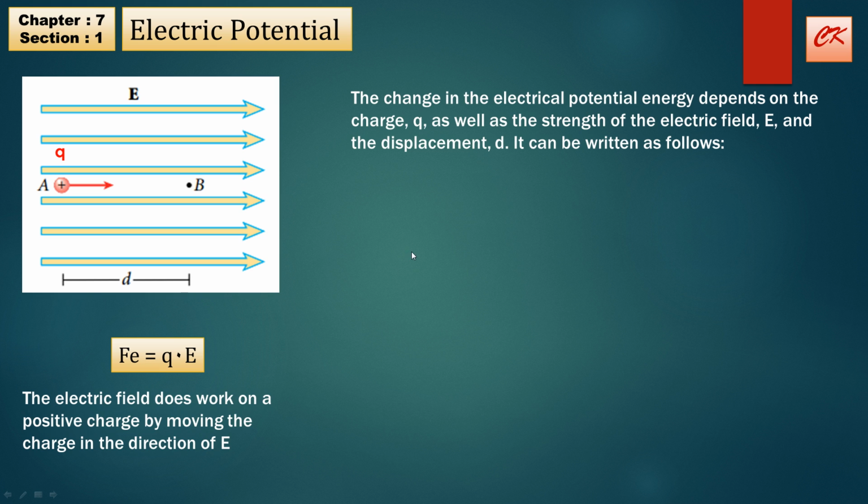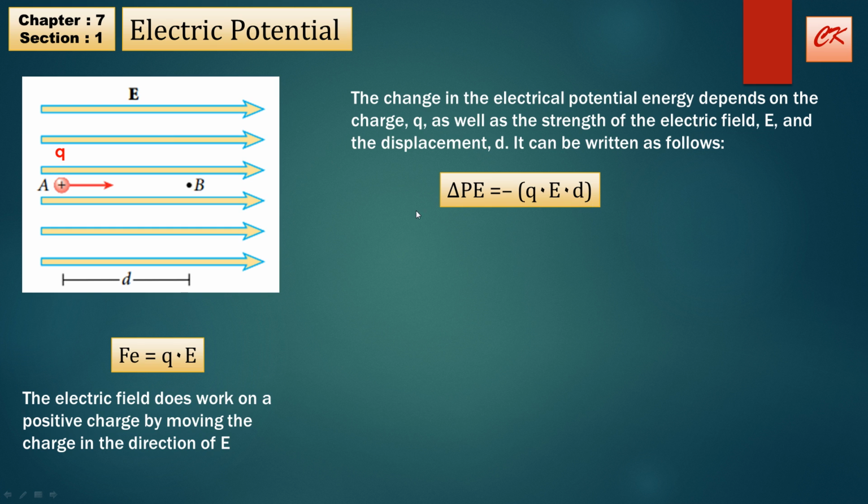What does this force depend on? The change in electric potential energy depends on the charge. If we put a small charge, the energy will be less. If we put more charge, it will be bigger. It depends on the electric field also.